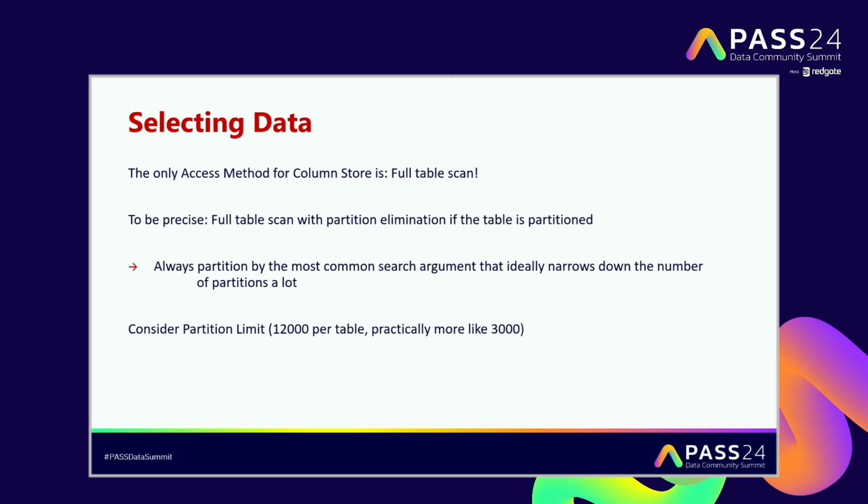12,000 partitions, not a good idea. If you Google the interwebs, or Bing, sorry, Microsoft conference, so Bing the interwebs, then you will see that people start complaining about things going fuzzy once you reach about 4,000 partitions. So my recommendation is try to stick with 3,000, then you have a few extra before it gets funky.